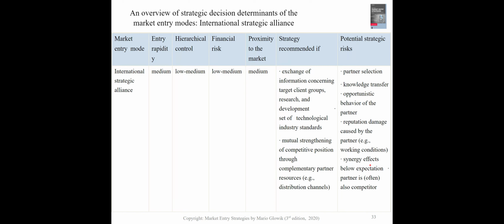And that the so-called synergy effects are below expectation. That is, in many cases, the business reality, unfortunately, and this serves as another potential risk when considering international strategic alliances.